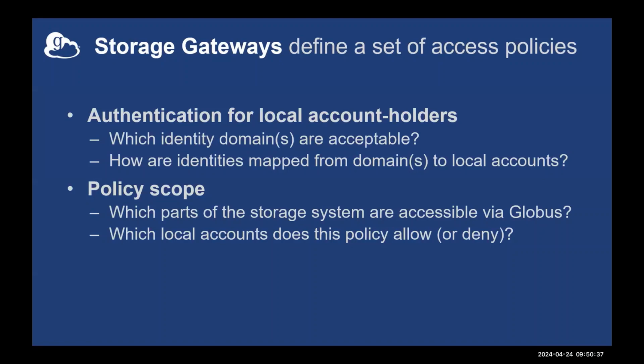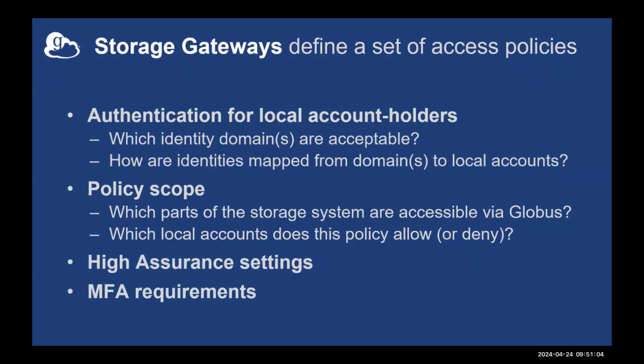Also, the policy scope: which parts of this file system are accessible to Globus, or which local accounts can use it. Maybe you only want a certain subset of your users to be able to do it. Also, high assurance settings are configured here as well, if you need them.